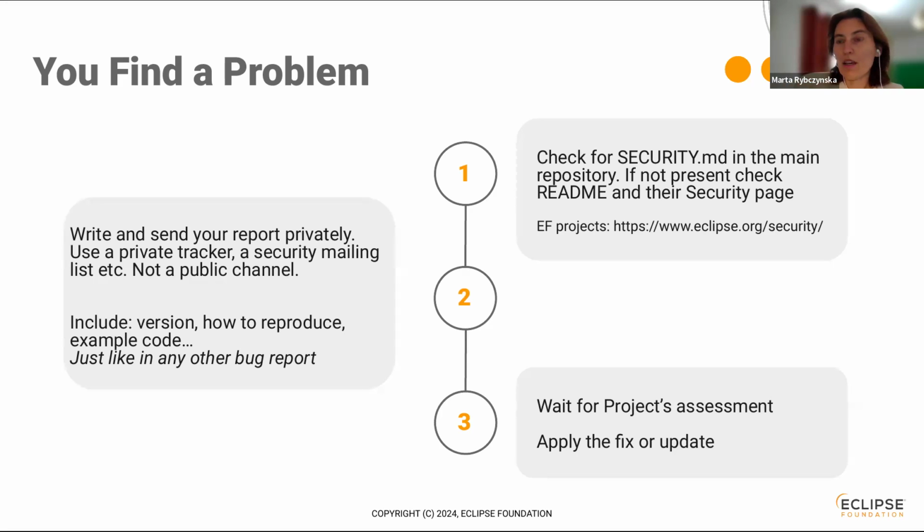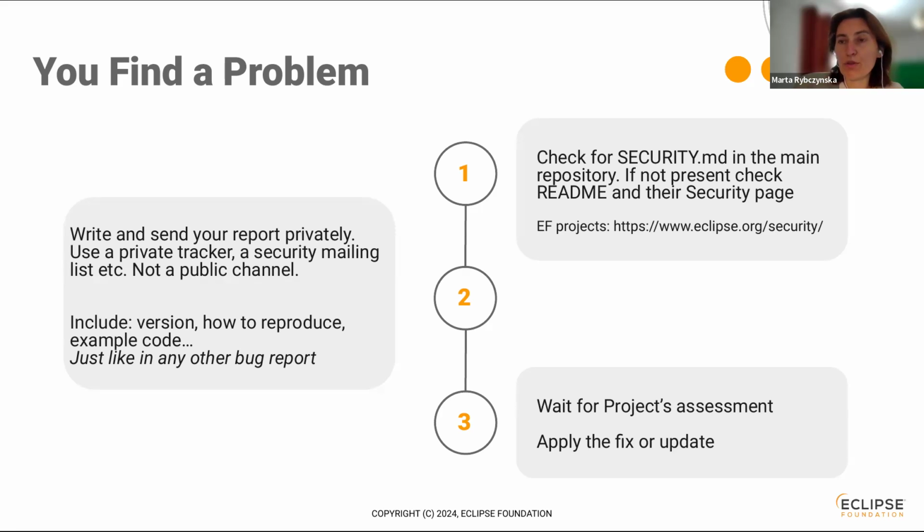Then you report the bug. That is not much different from any bug reporting you have ever done. The only difference is that you report that issue privately, because we do not want the attackers to know about it before it gets fixed.